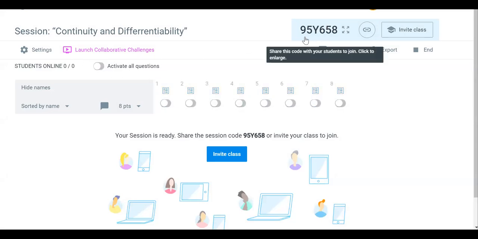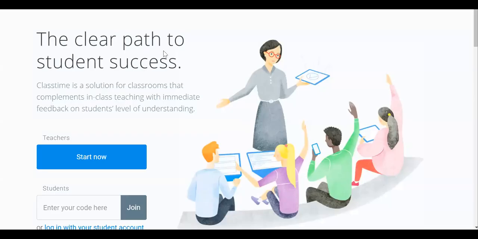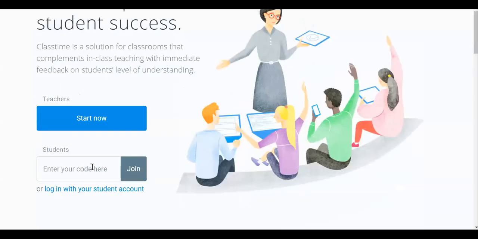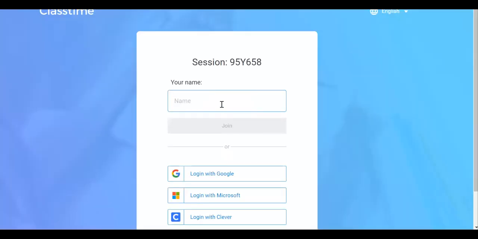So this is your activation code: 95Y658. 95 capital Y 658. So go to classtime.com and enter your code here. 95 capital Y 658. Join. And enter your name.